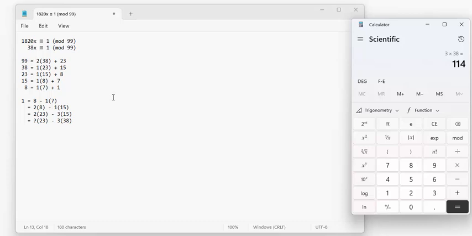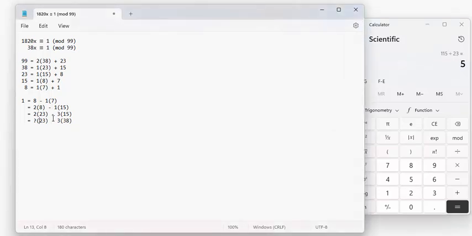We want the value of this part to be 115. So 115 divided by 23 is 5. So the value here is 5. The equation is still balanced, still valid. Make sure the equation is still valid. 1 equal to 5 multiplied by 23, subtract 3 multiplied by 38. Then, just now we replaced 15.